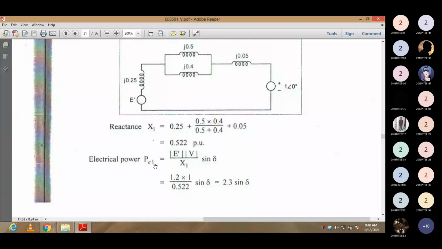This is the basic power equation used in the equal area criterion and swing equation. So E dash V by X1 sin del. We know all the values except del. So 1.2 into 1 divided by 0.522 sin del is nothing but 2.3 sin del. Clear. Keep the equation 2.3 sin del for the time being.